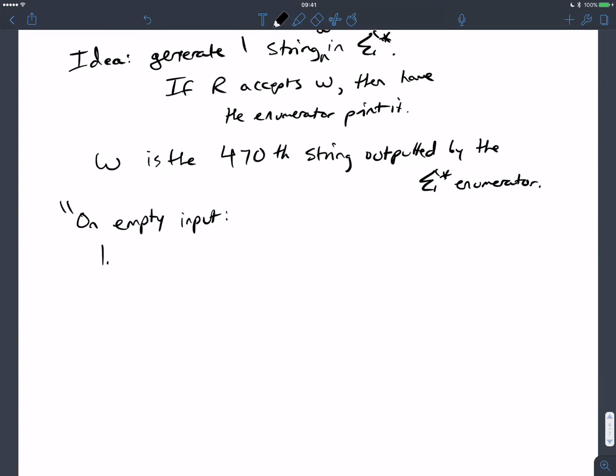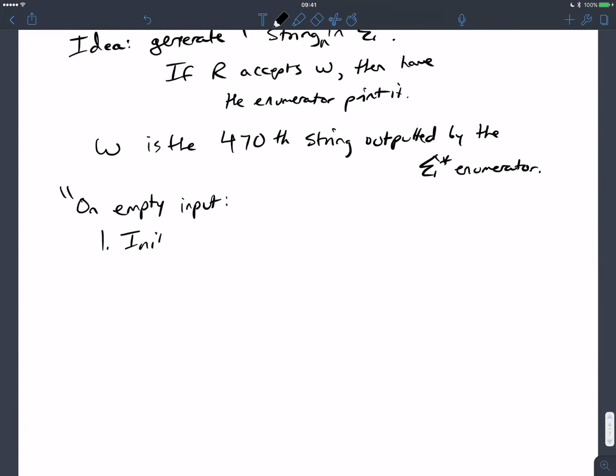Well, I've got to have some counter that starts at 0, then goes to 1, then 2, then 3, and then I have to run some number of strings for I steps, or whatever the counter's name, steps. Okay, using our strategy.